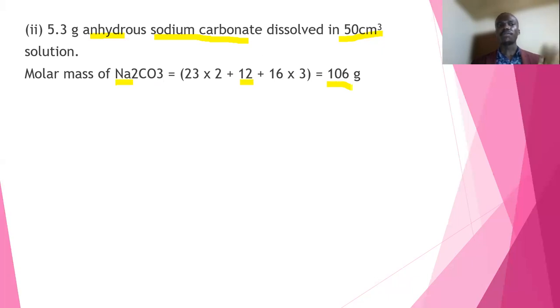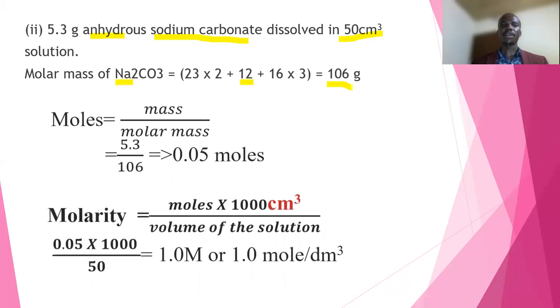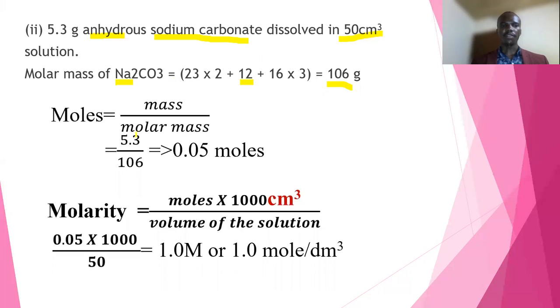So now get the moles of the sodium carbonate. Moles is given by the mass over molar mass, which in our case, the mass is 5.3. Then we divide by the molar mass, which is 106. Just the way you can see here. We have divided that and it is giving us 0.05 moles. Then from there, let's now get the molarity.